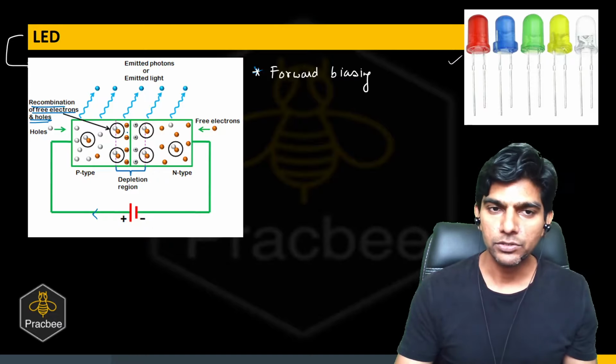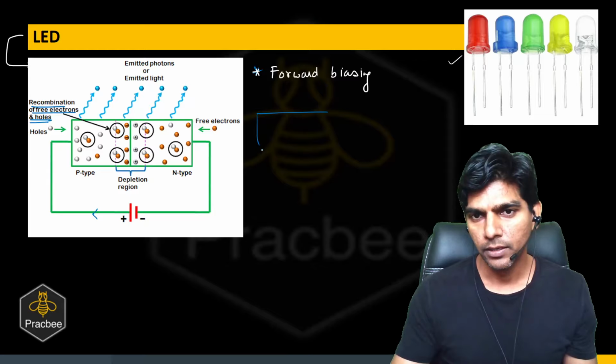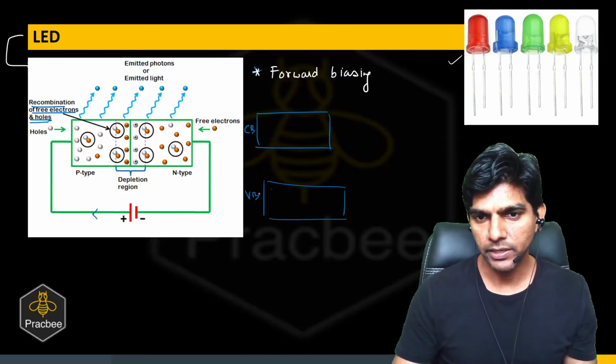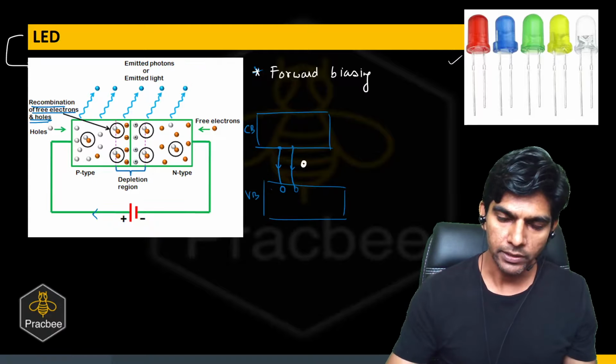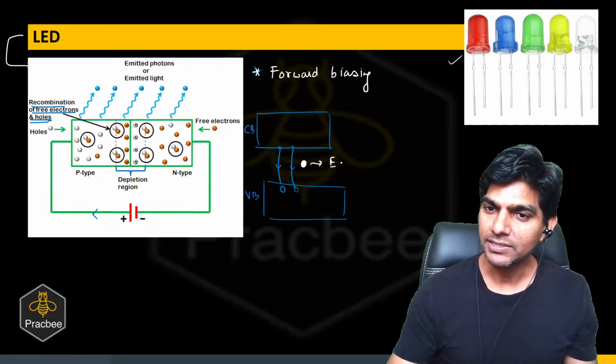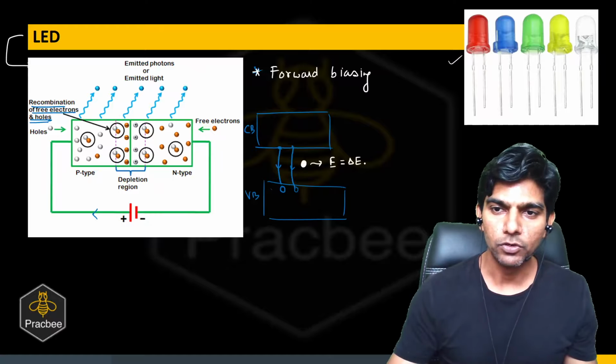And due to this recombination process, what would happen? If I show the band diagram, this is the conduction band, this is the valence band. The electrons from the conduction band jump and occupy the holes. If that happens, the electrons are losing energy, and that energy is released in the form of photons. This energy will be nearly equal to the forbidden energy gap.